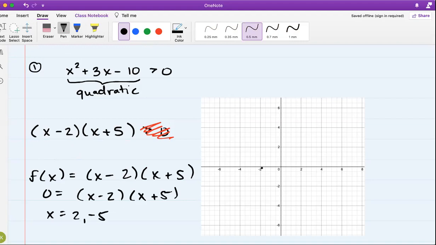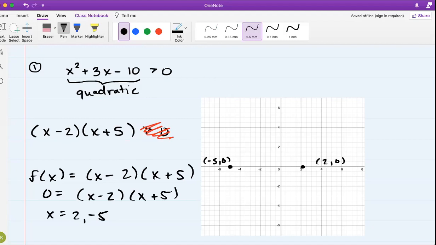So let's make 2 points at 2 and negative 5, because they satisfy this function. When we plug it in, we get 0. Now what are we going to do? I have 2 points that I know, and I also know that the coefficient in front of the x squared is a positive 1. So that tells me the graph is pointing upwards, right?